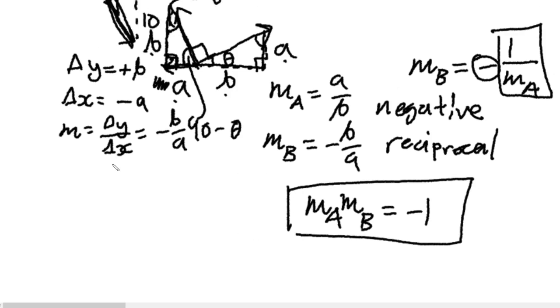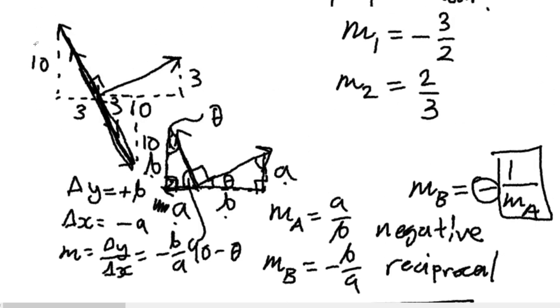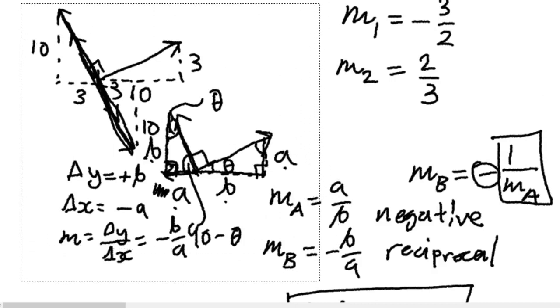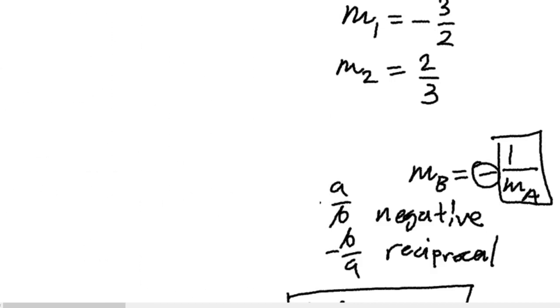So we're going to use this property of perpendicular lines' gradients to prove that the two lines in the question are perpendicular.